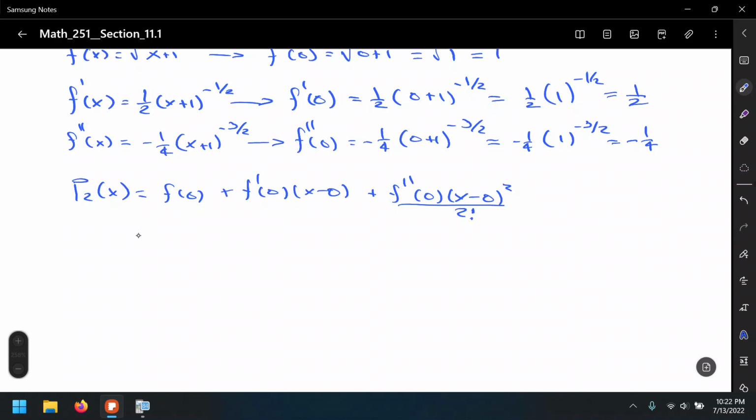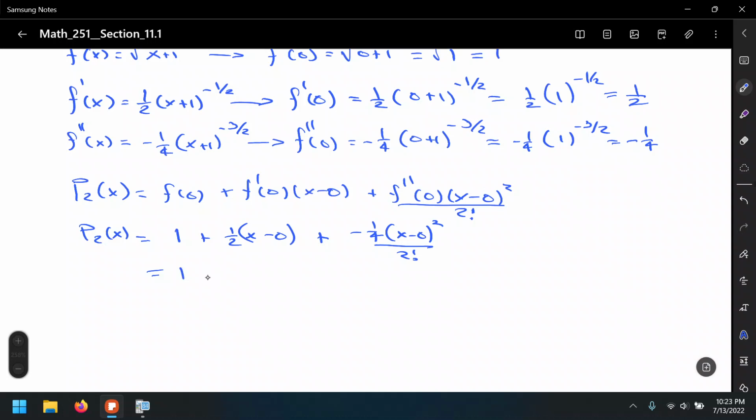And p sub 2 of x is going to be 1 plus 1/2 (x minus 0) plus negative 1/4 (x minus 0) squared over 2 factorial. Do you see what's going on?